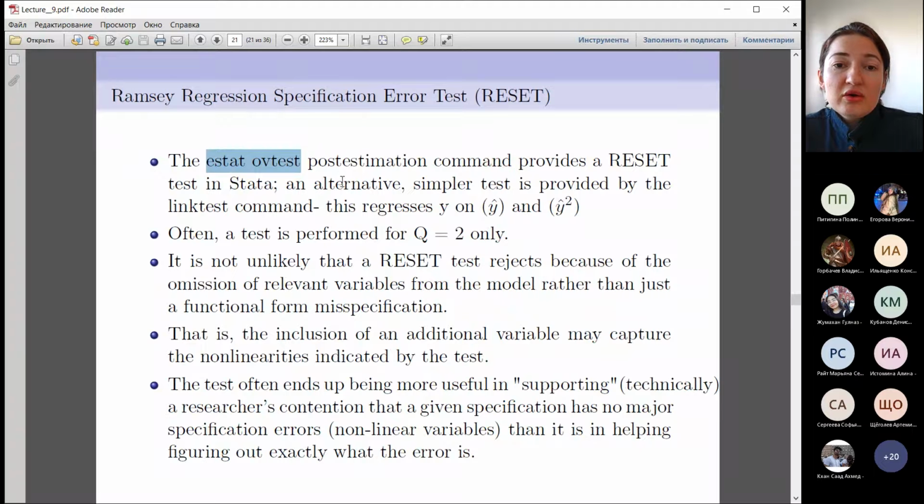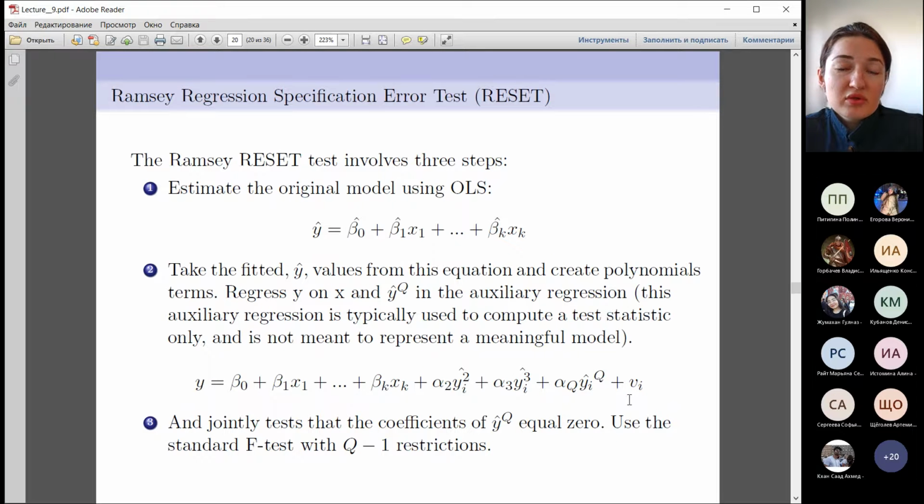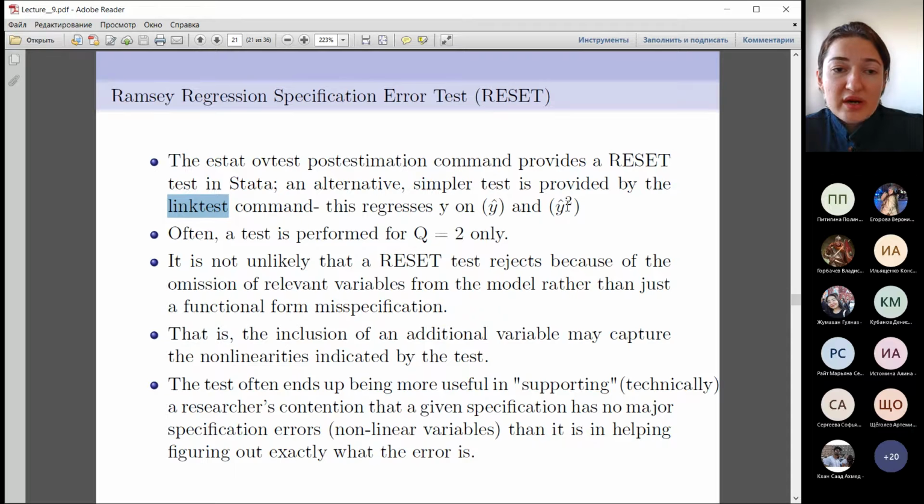And so you can find in Stata the simpler test is provided by the linktest command, and this test does not include all the polynomials that you want to include, but only the square terms, and that's all.